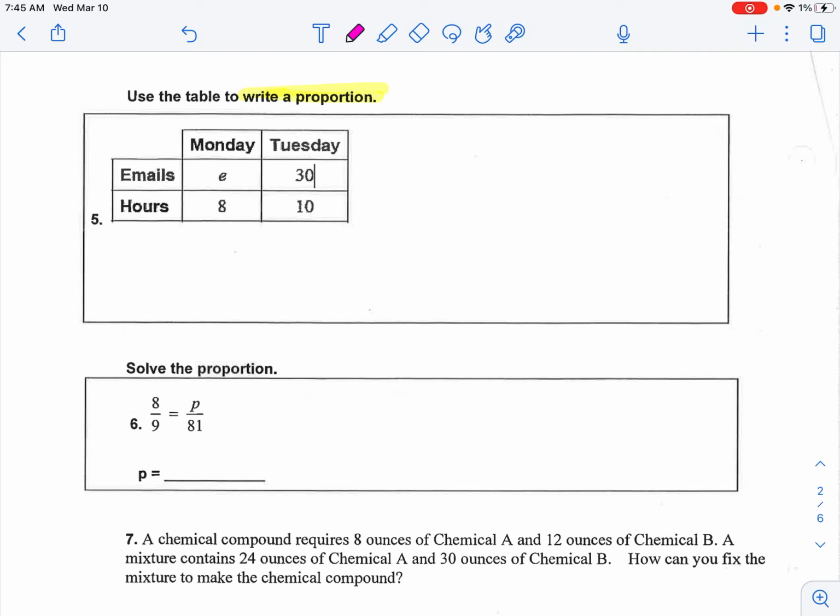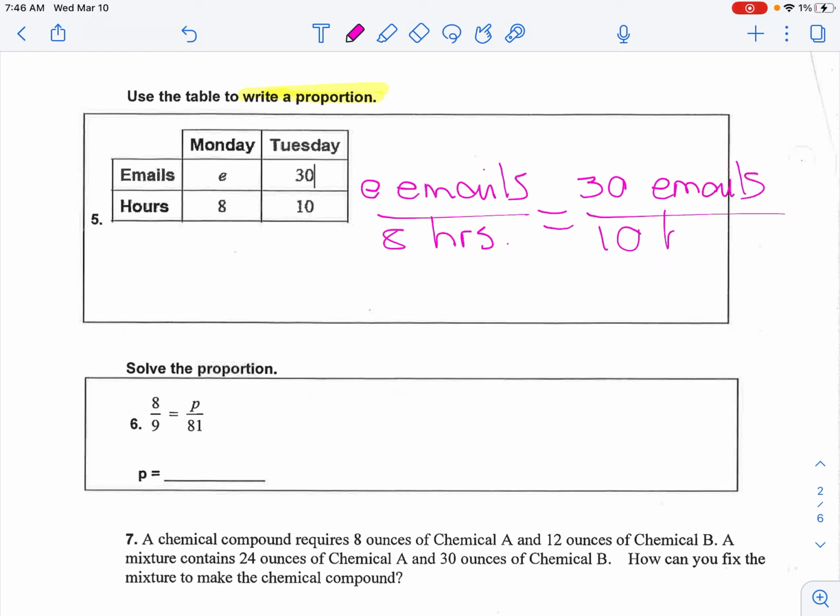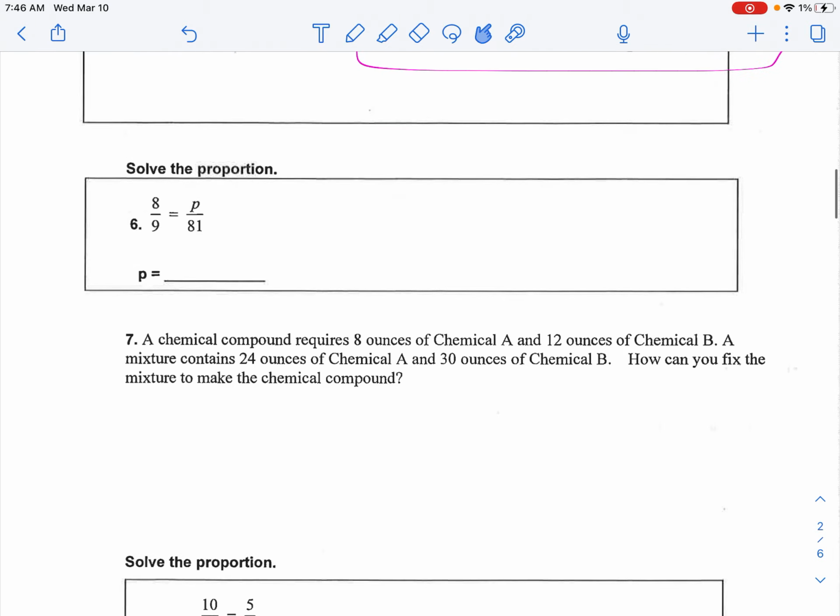So all you would have to do is put E emails to 8 hours is equal to, a proportion always has an equal sign in the middle, 30 emails to 10 hours. And you're done. That's your answer. It just says write a proportion.